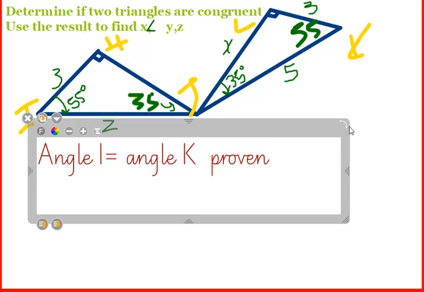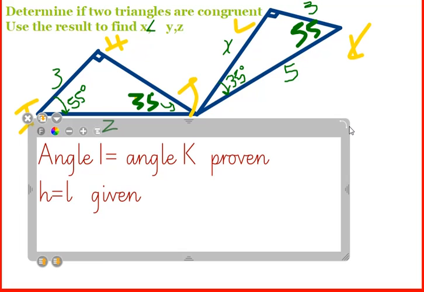Then we have the 90 degrees, right? So let's write that down. So angle H is equal to angle L. Why? Given. We are given that they are 90s by that box symbol right there. And then we are also given that line HI is equal to 3 and is also equal to LK, or KL, because we are given that also.